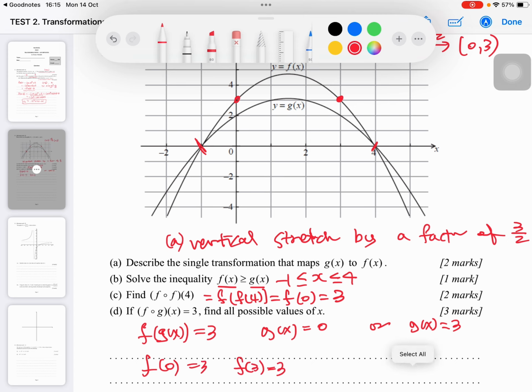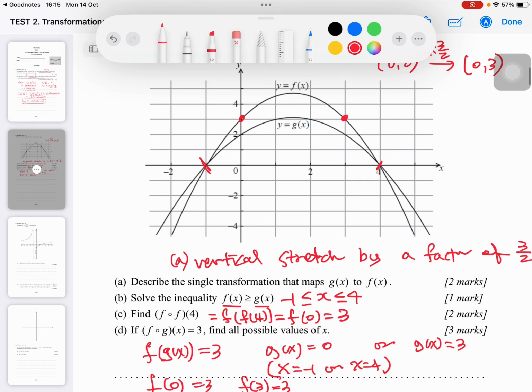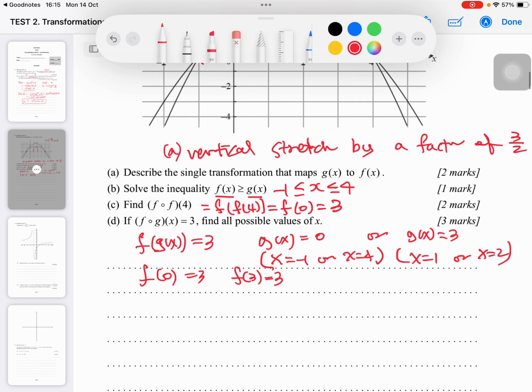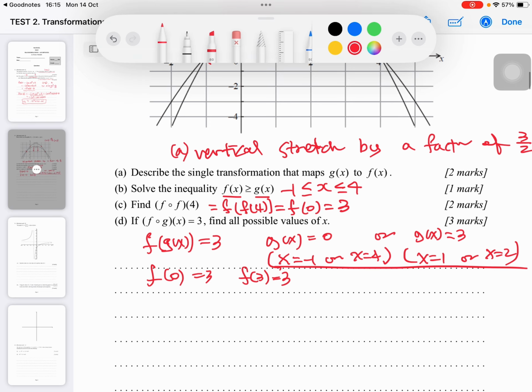So g of x can be 0 when x is -1 or x equals 4. And g of x can be 3 when x is -1 or x equals 2. So there are 4 possible values of x. x can be 1, 2, -1, and 4.